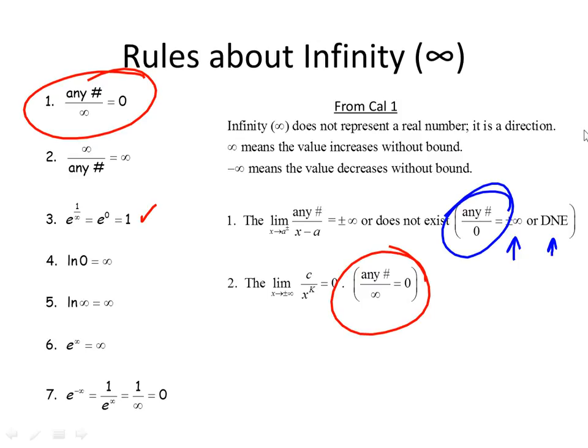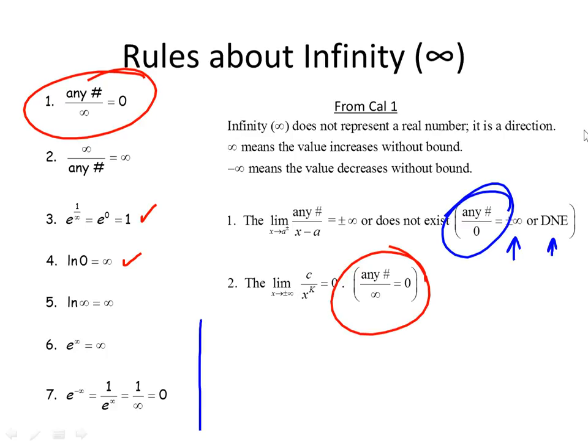What I want you to do for number 4 is I want you to actually type in the natural log of 0 in your calculator. What do you get? You get a domain error. Why? Well, because of the graph that we talked about.